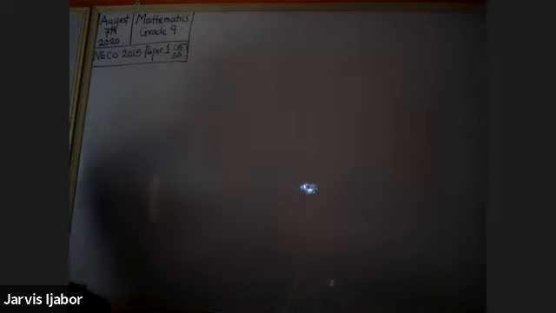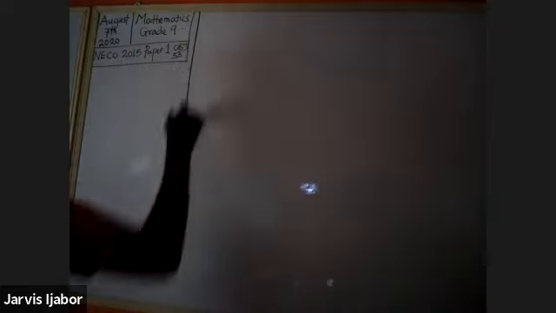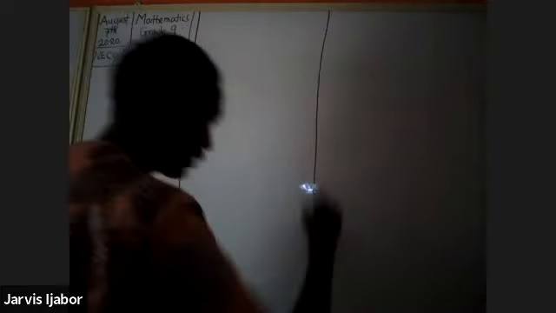In question 53, it says a square of side 11 cm and a circle have the same perimeter. What is perimeter? Perimeter simply is the distance round an object.